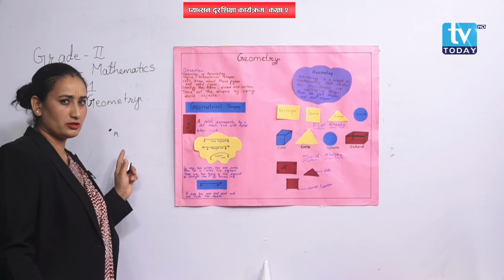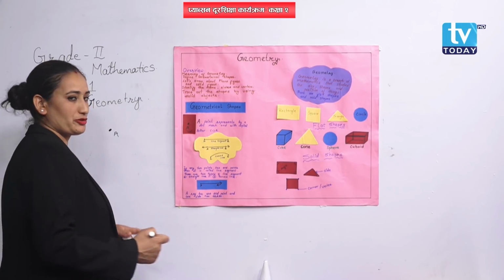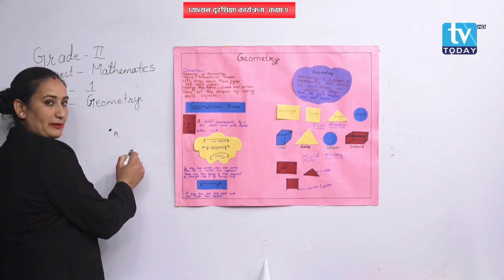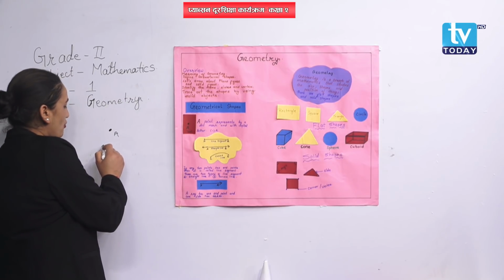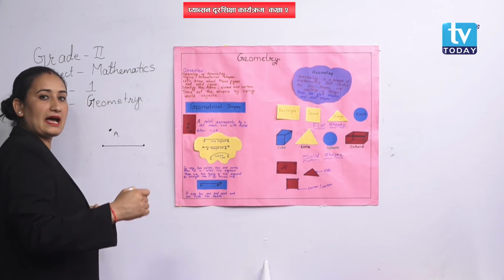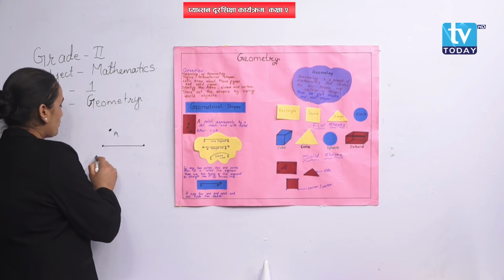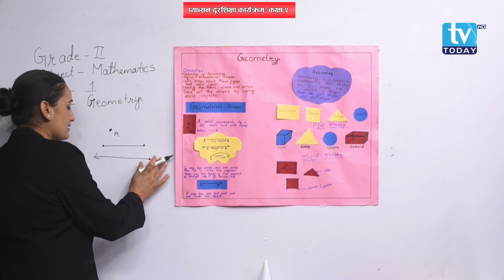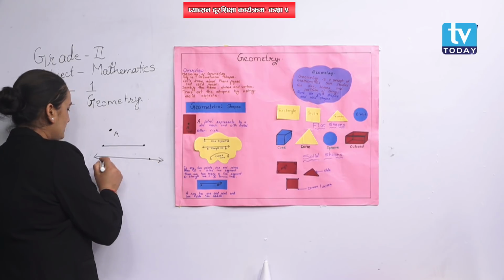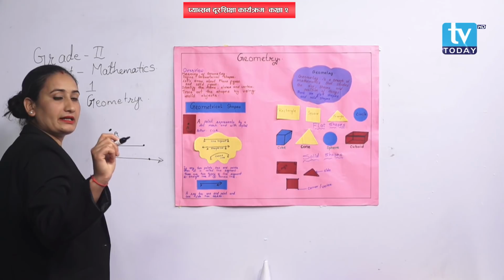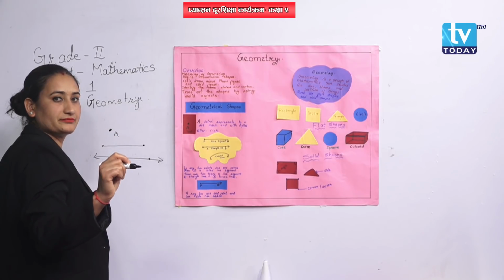Okay, then after that, line. We used to make a line in our school, right? So that line, we are talking about line. If the line starts from one point and ends at another point, we call it a line segment. If the line goes and never ends, then we call it a straight line, and it doesn't have any ending point. Done.